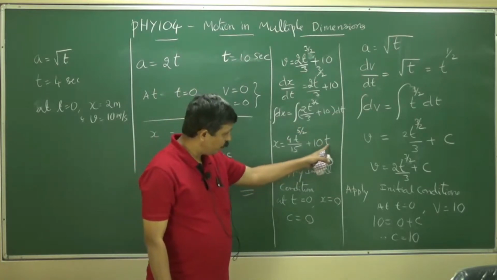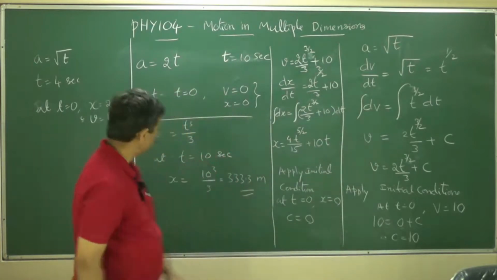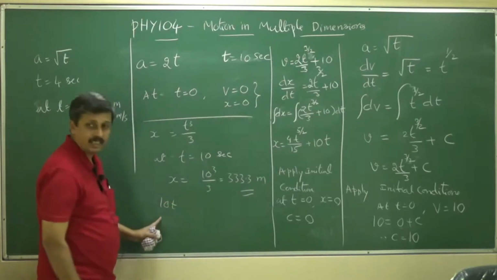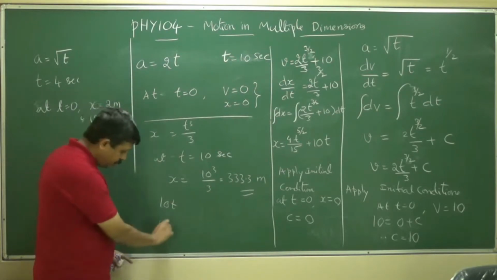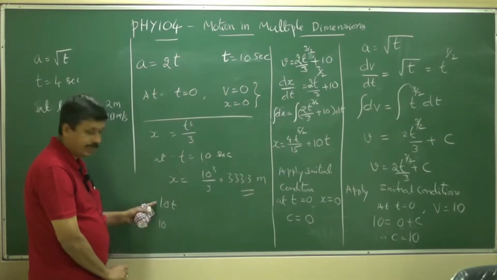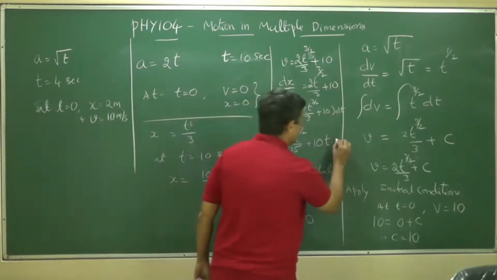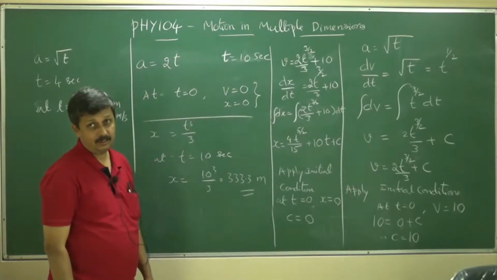If you differentiate 10t with respect to t, you will get 10. So, if you integrate 10, you will get 10t. Plus c, there is a c here, which we cannot forget.